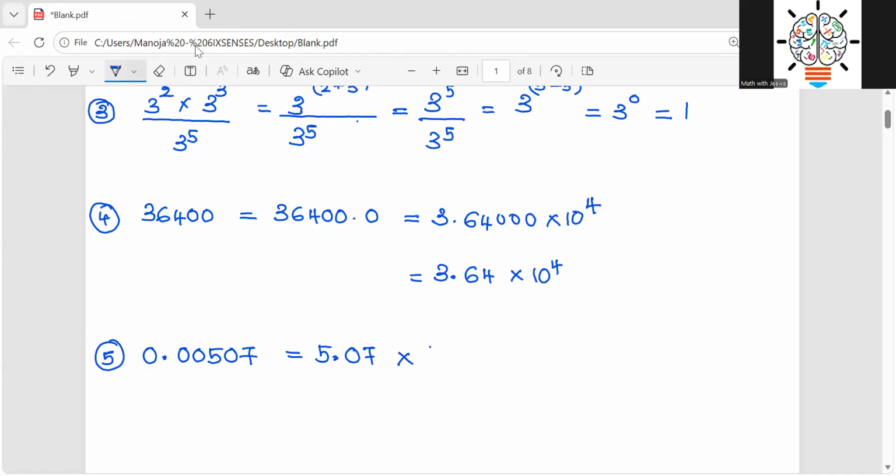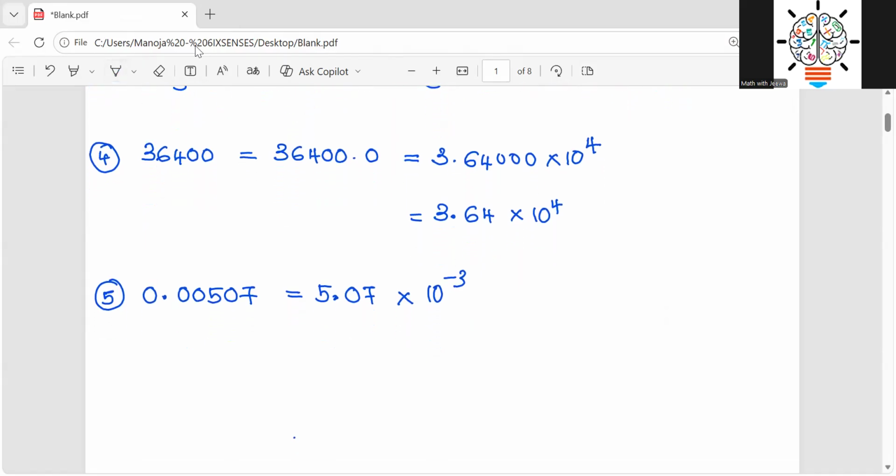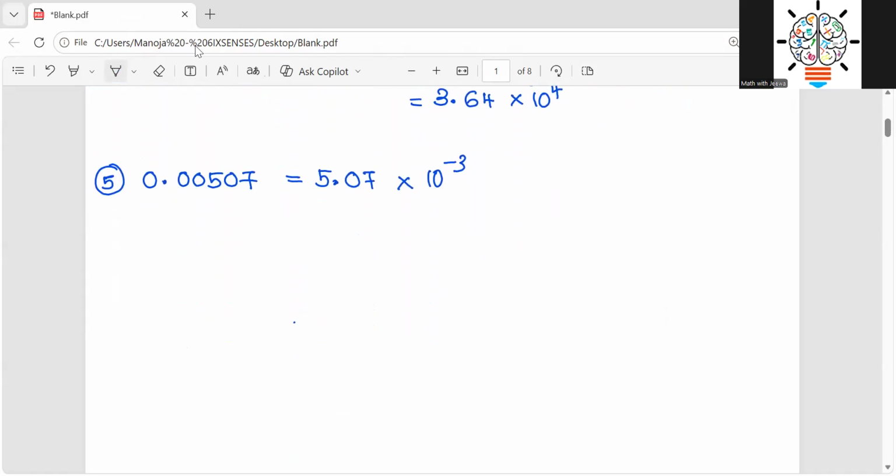And this time it should be 10 to the power negative 3, because this is a number which is less than 1. If the number is less than 1, always the 10 to the power of a negative value will be there. If the number is more than 1, then the 10 to the power of value will be a positive one, right? So then we will move to the next one.